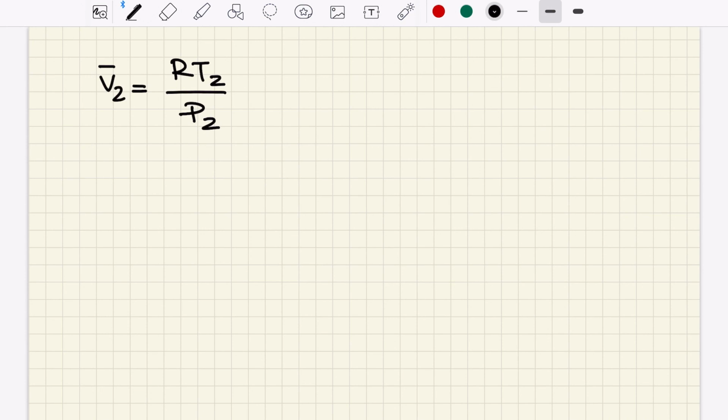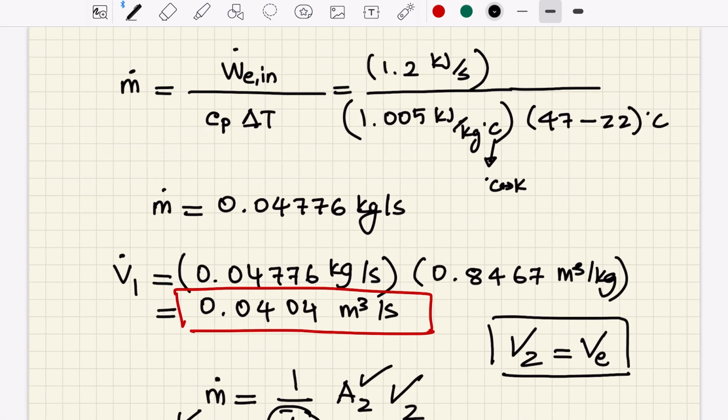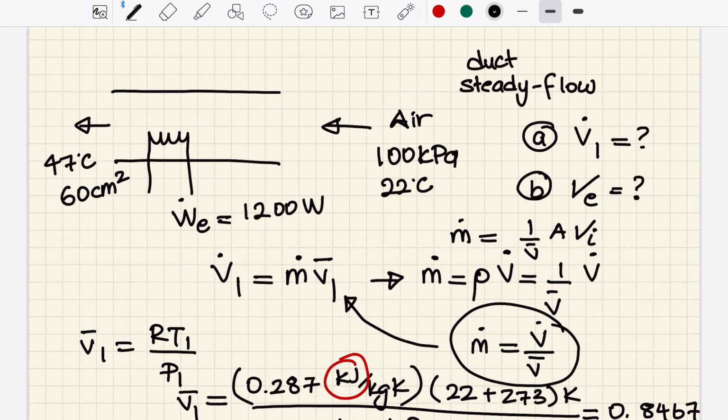Looking at the problem statement, it is not clearly stated, but they are also giving us the pressure at the exit to be the same as the pressure at the inlet. This is not clearly written down in the question, and I think that is really critical and missing from the question statement. But going back, we can add that the exit pressure is also 100 kilopascal.